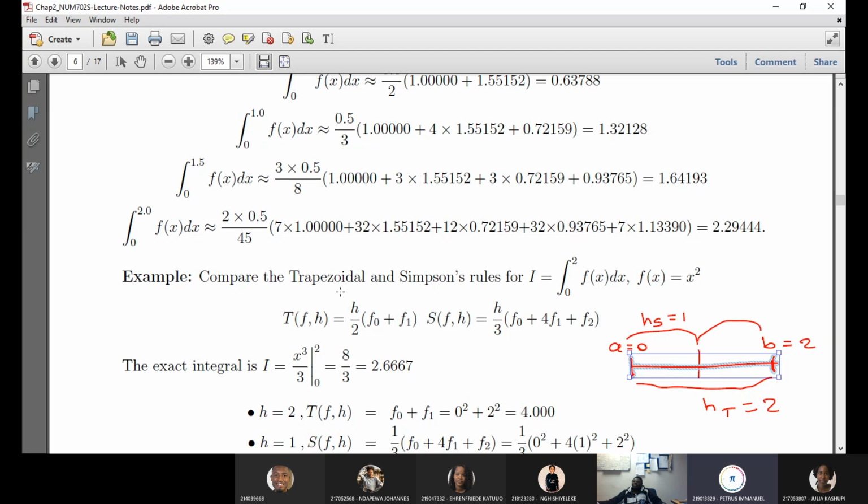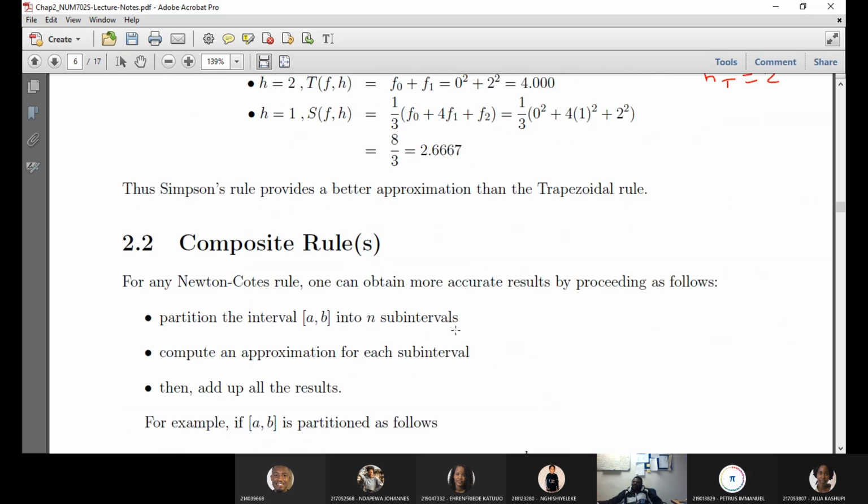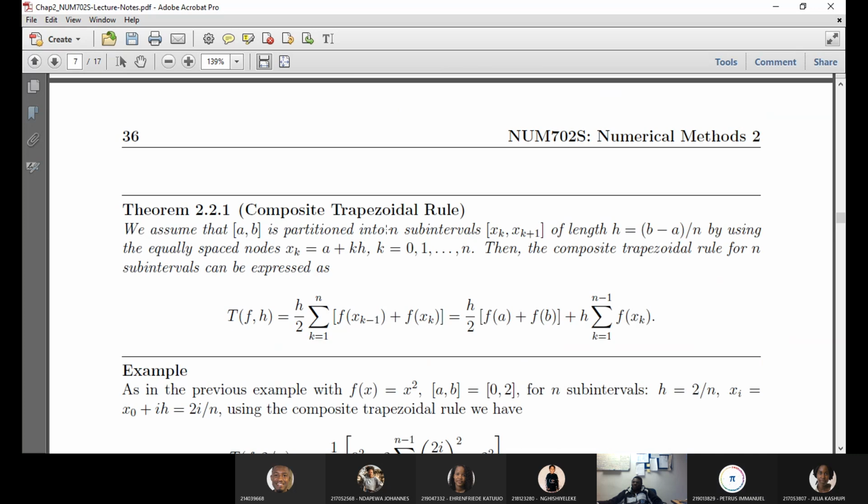It will become the composite trapezoidal rule. So let's look at it, and we will reproduce this same result using the composite trapezoidal rule and see the improvement that we will obtain from 4.